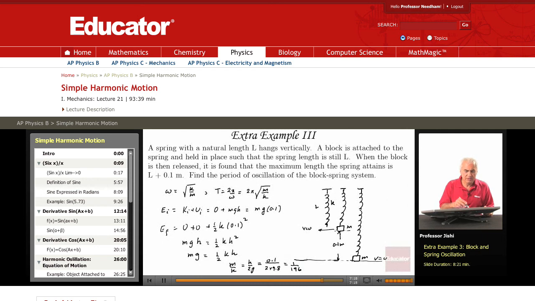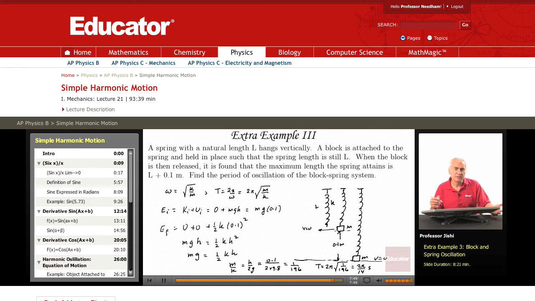So what is the period T? 2 pi square root of m over k, so square root of 1 over 196. What is the square root of 196? 14. 14 squared is 196. So this is 2 pi over 14 seconds.